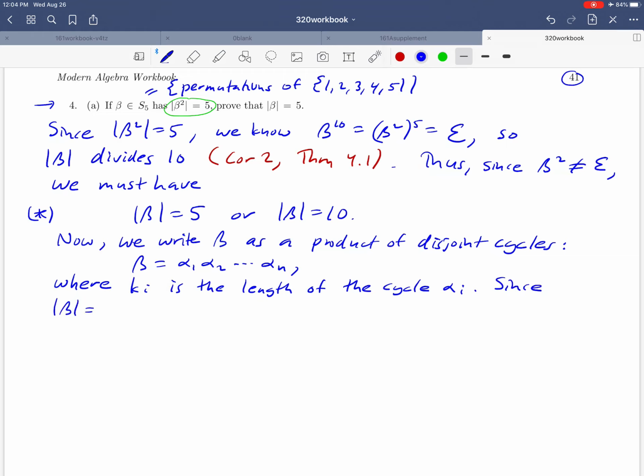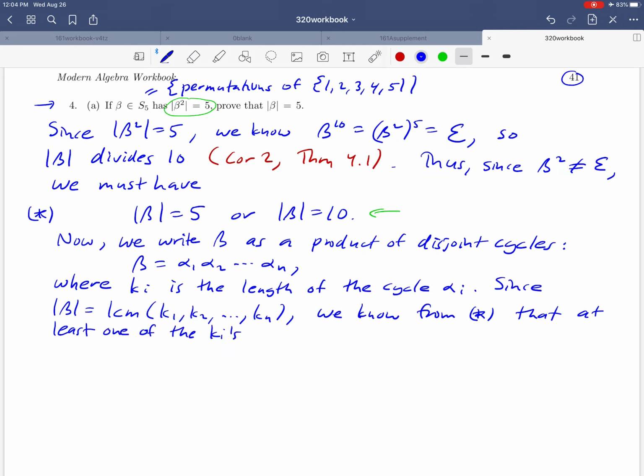So since we know that the order of beta is the LCM of all of those k's, we know from the statement that we made up here, star, that at least one of the ki's must be a multiple of 5.